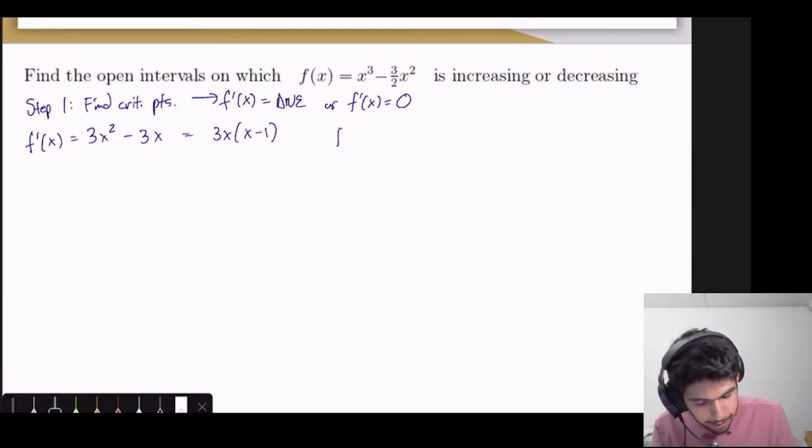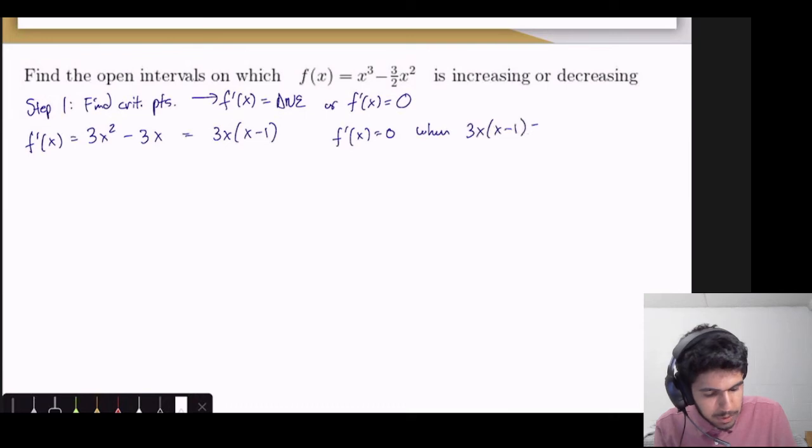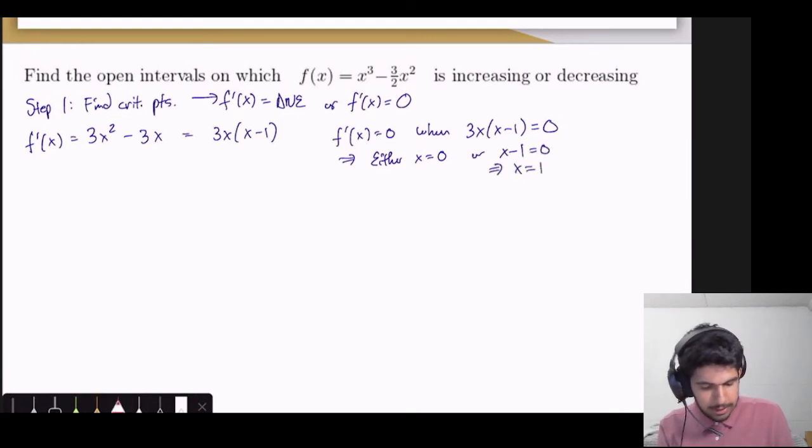However, f prime of x equals 0 when 3x times x minus 1 equals 0. So this tells us that either x equals 0 or x minus 1 equals 0, which tells us that x equals 1. So these are our critical points. X equals 0, x equals 1.